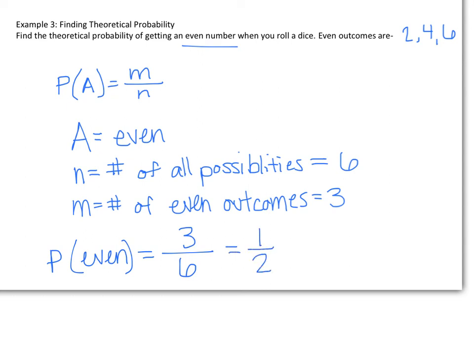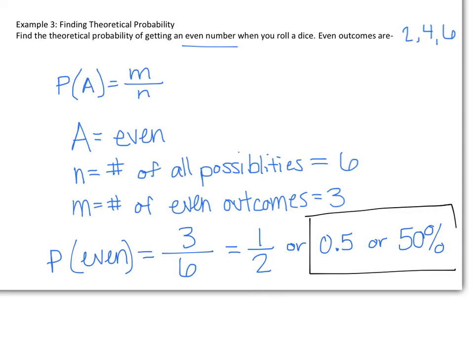So that is the same thing as 0.5, or what percent? 50%. So our answer would be these two. So when you roll a dice, the probability that you're going to get an even number is 50%, or 0.5. 0.5 out of 1.